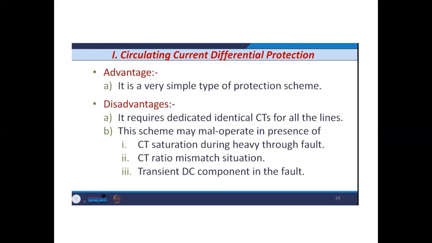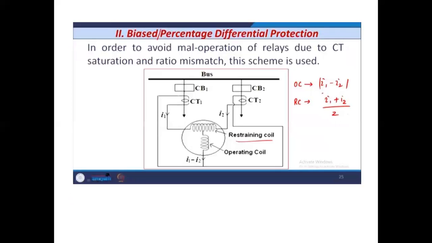So how to avoid this? To rectify this problem, the biased or percentage differential protection scheme is to be utilized. In the biased or percentage differential protection scheme, along with the operating coil, you have another coil known as the restraining coil.